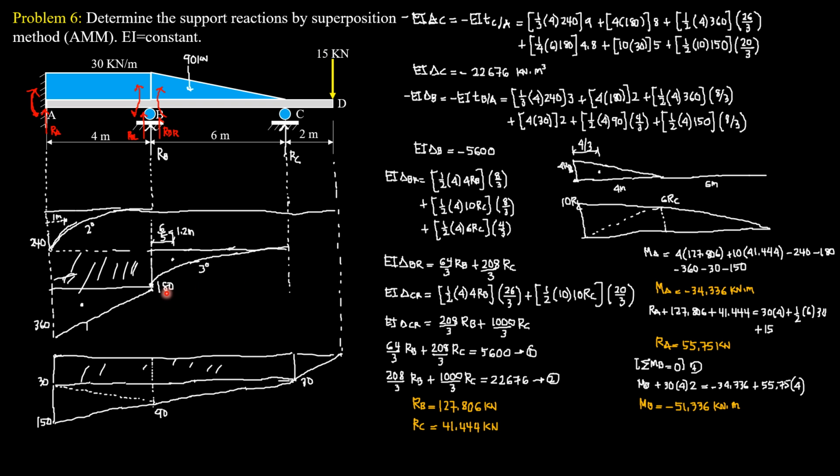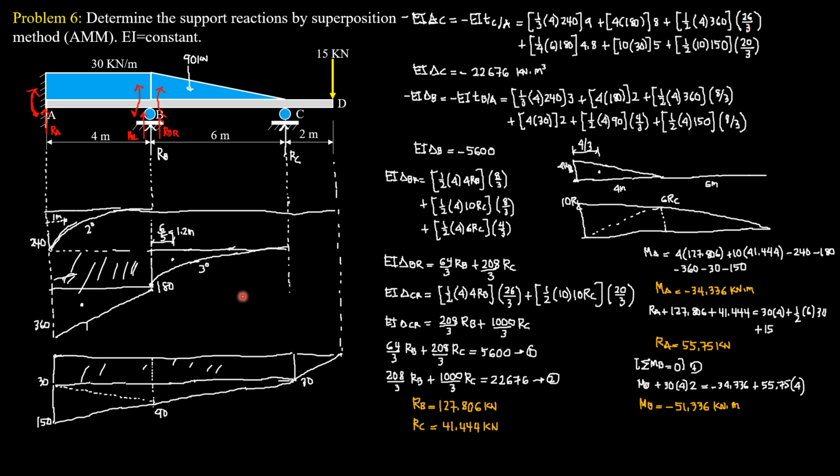Next, for this triangular area, 1/2 of 4 times 360. This is 1/3 of 4, or 4/3. So the distance of the centroid from C is 10 meters minus 4/3, and that is 26 over 3 meters.